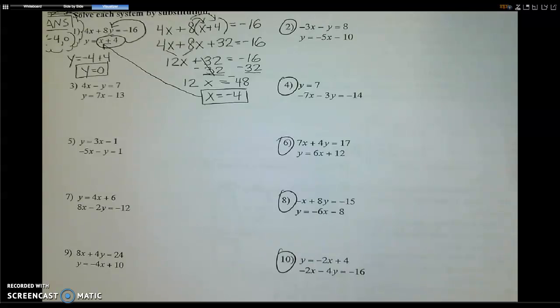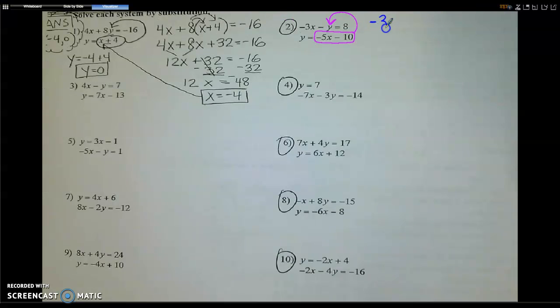With number 2, we know that we need to start off with an x or a y isolated. So we know that y equals negative 5x minus 10. I'm going to take that value and we are going to substitute in for the y. So let's rewrite the equation with the y substituted in.